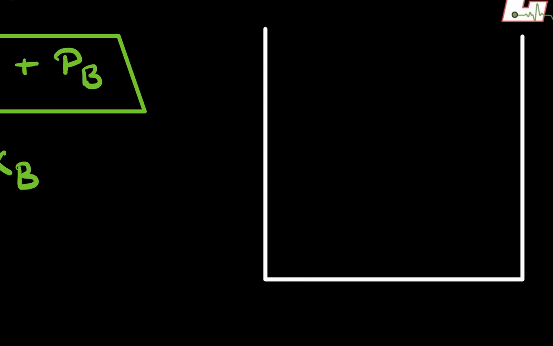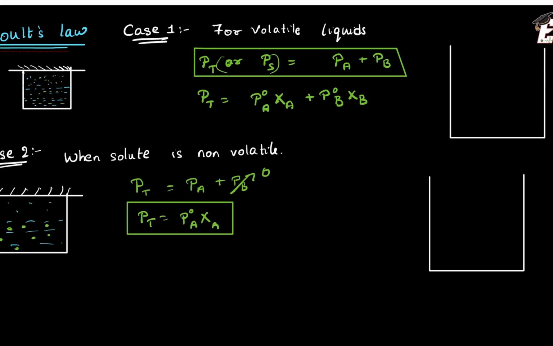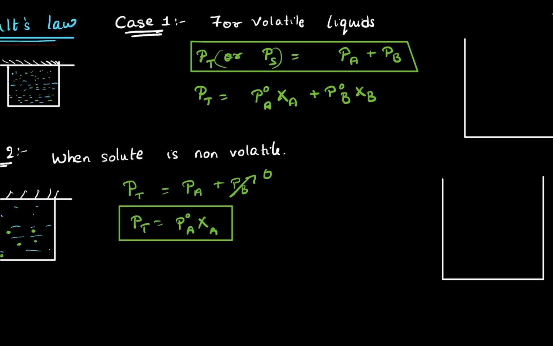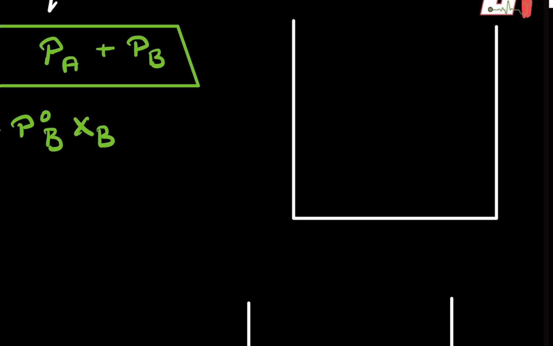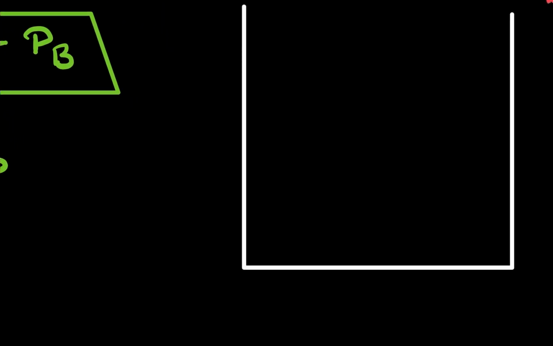Here if you look at this graph, I'm going to represent vapor pressure of A. A is represented here in form of blue, right? So in both cases A vapor pressure is represented in the form of blue lines. So this is the vapor pressure of A. Vapor pressure of A started from here. This is vapor pressure of pure substance.